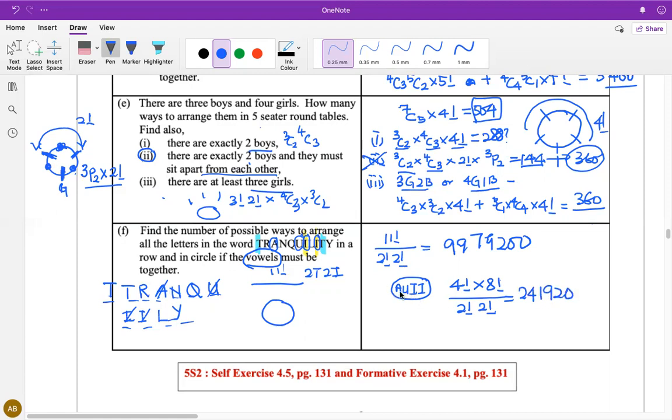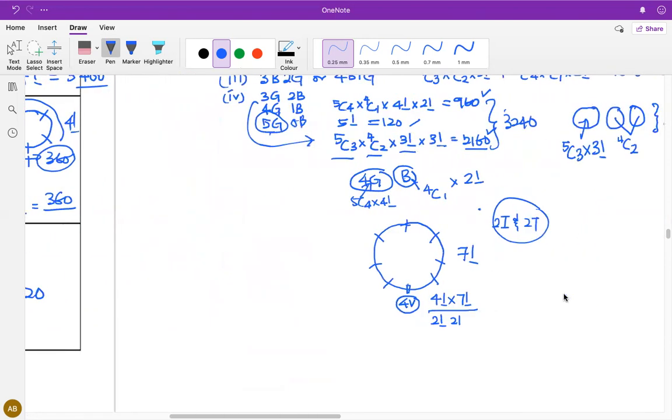If the vowels are together, and then T, T, R, N, Q, L, and Y, so 1, 2, 3, 4, 5, 6, 7. So 7 plus 1, 8 factorial. Then the 4 vowels arrange among themselves, and then you divide by TT repeated and II repeated. So 2 factorial, 2 factorial. So you get 241920.